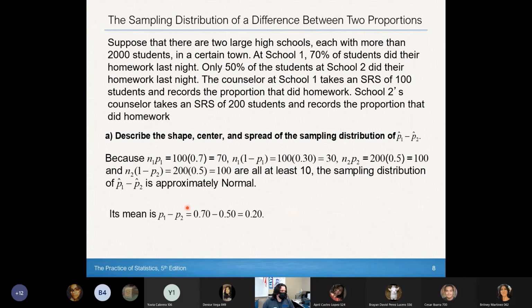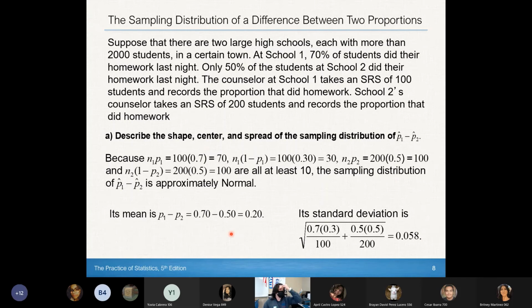Its mean is p1 minus p2, which is 0.7 minus 0.5, we get 0.2. And the standard deviation is the square root of 0.7 times 0.3 divided by 100 plus 0.5 times 0.5 divided by 200, and we get 0.058.